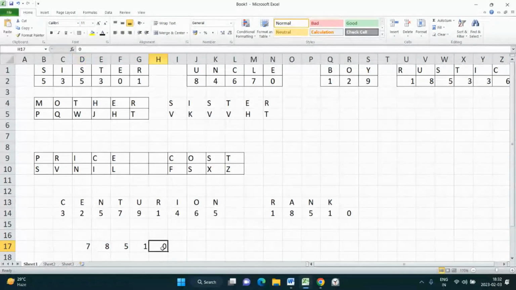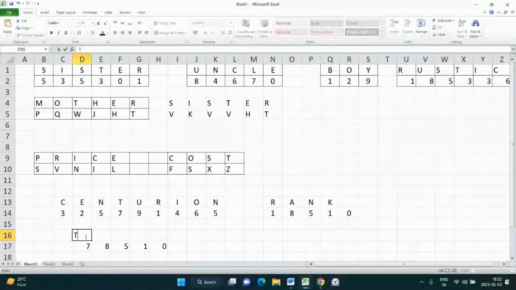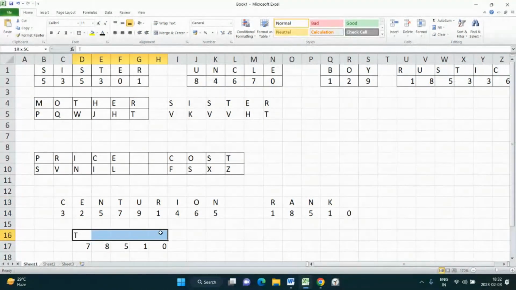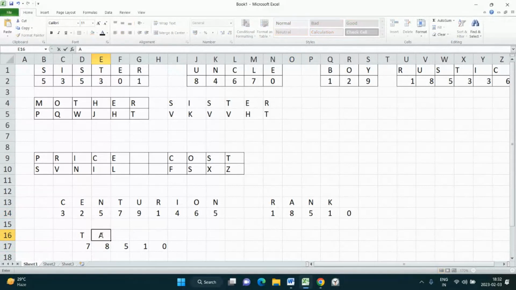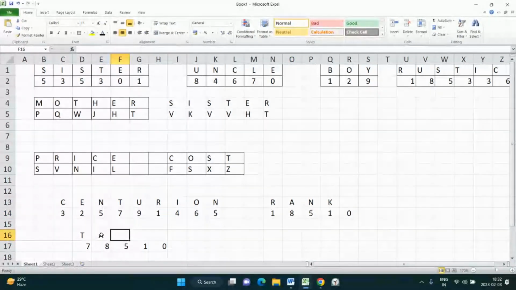When I see this, I want to know what is 7. Is there any 7 anywhere? I have it here. So I am saying T. Is there 8 somewhere? Yes, I have 8 here. So I am saying A. Do I have 5? Yes, I have 5. I have 2, 3 5s.